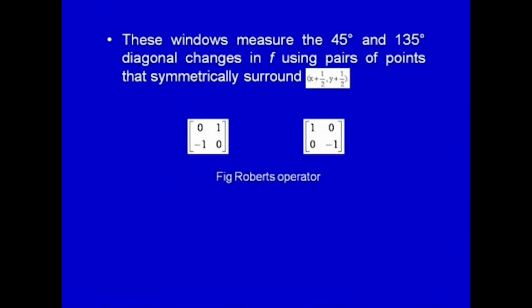These windows measure the 45 degree and 135 degree diagonal changes in the function using pairs of points that symmetrically surround x plus half, y plus half, yielding a filter with the nomenclature 0 1, minus 1 0 and 1 0, 0 minus 1. This nomenclature of the filter is what we call the Roberts operator.